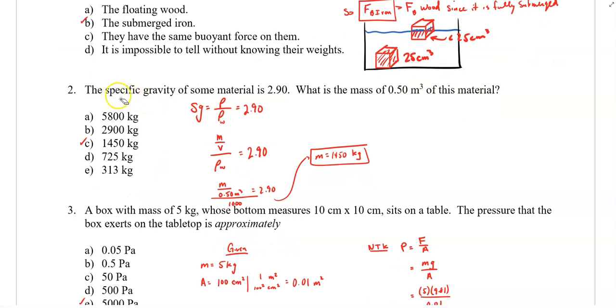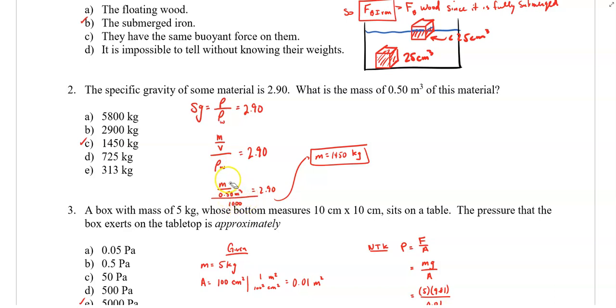In number 2, we're being asked: if the specific gravity of some material is 2.9, what is the mass of half of a cubic meter of this material? Well, we said that specific gravity is the density of an object compared to the density of water. The density of any object is its mass divided by volume, and the density of water for our purposes has been reported as 1,000.